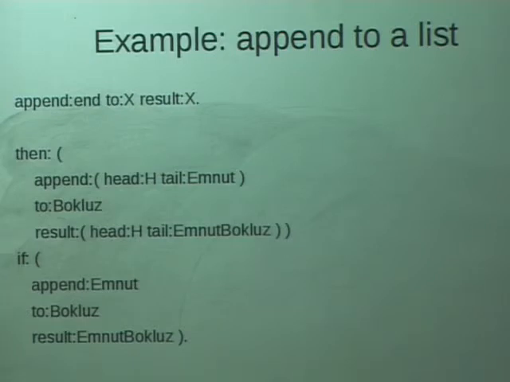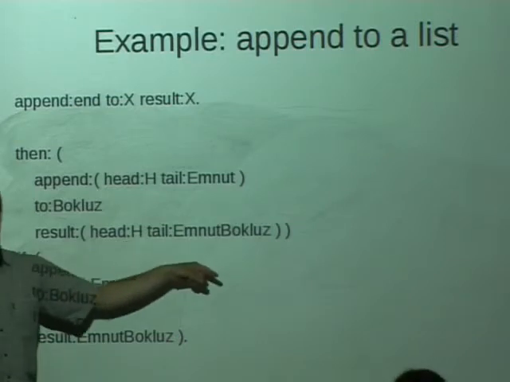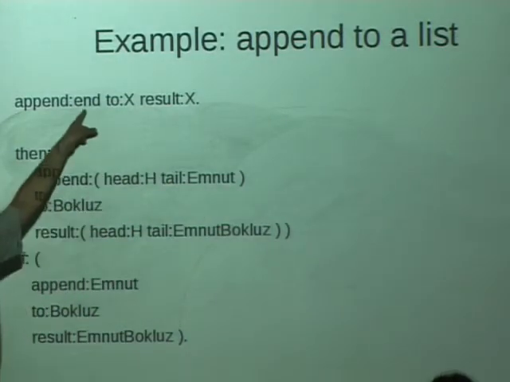So this is appending to a list. The way I'm representing a list is a head and a tail, and the tail is also a head and a tail, and that tail is a head and tail, and so on to the end.